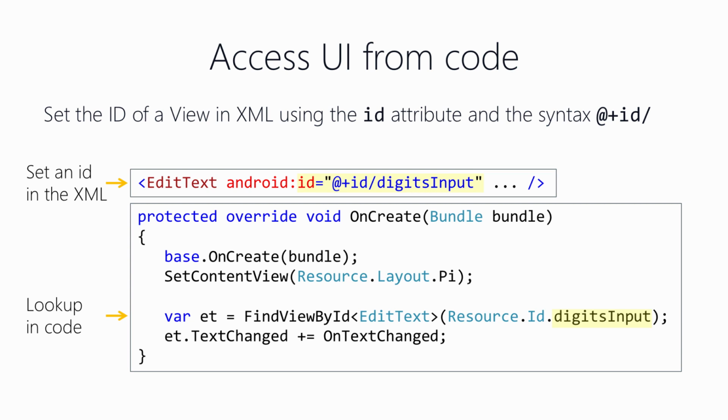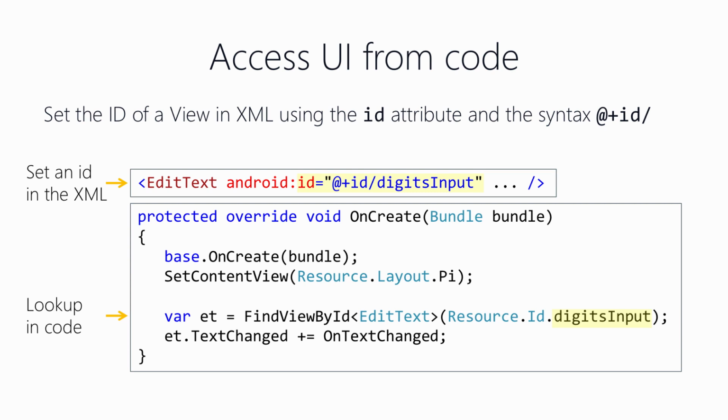That tells Android that you want it to generate a new ID for you. The string after the slash is used as the name of a generated field. The field has type int, and Android takes care of assigning a unique integer value to it. The integer value of the field is what really gets assigned to the view ID property.